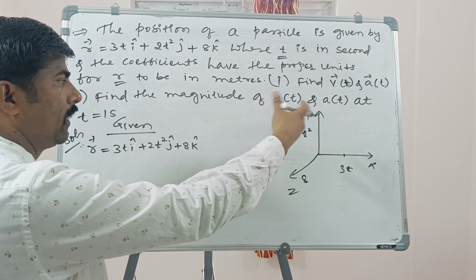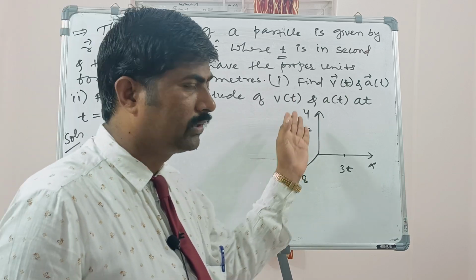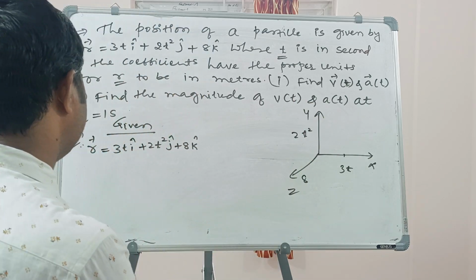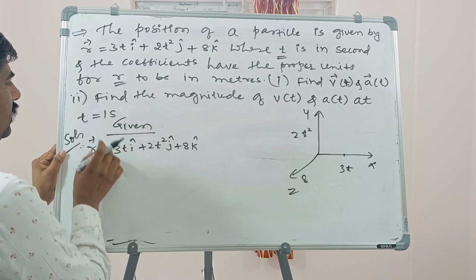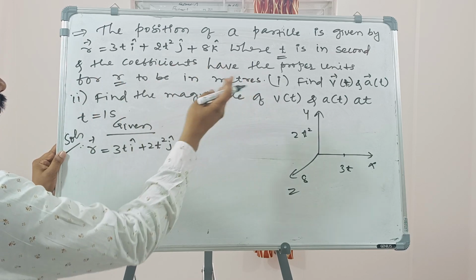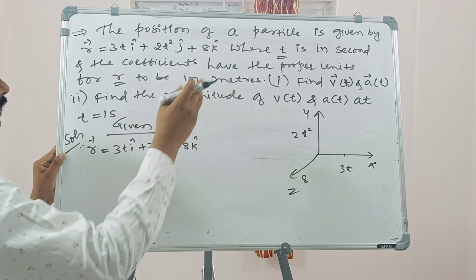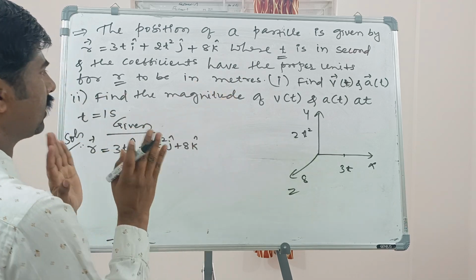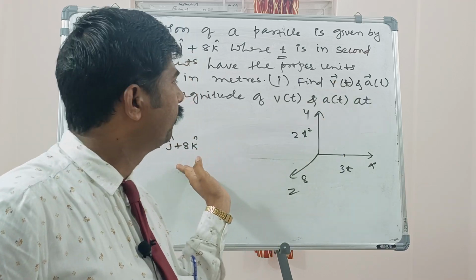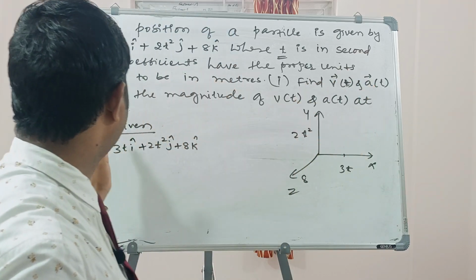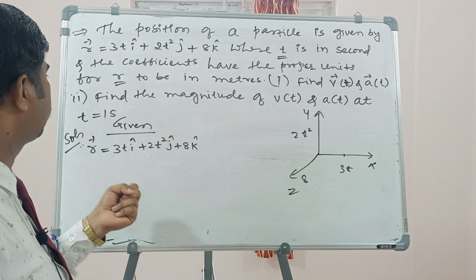So this is the change in the position of a body with respect to its coordinates, where t is in seconds and the coefficients have proper units. i cap, j cap and k cap have proper units and are to be taken in meters. They are asking what is the velocity of the body and what is the acceleration of the body when it is moving in a three-dimensional condition.